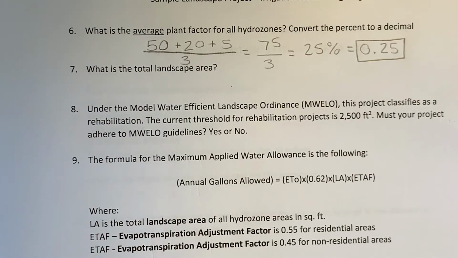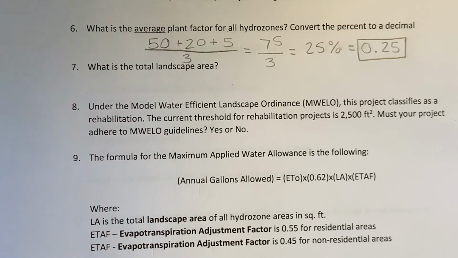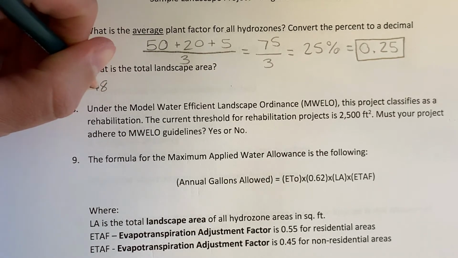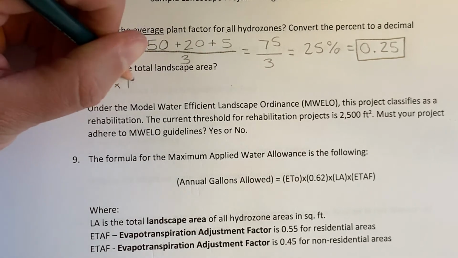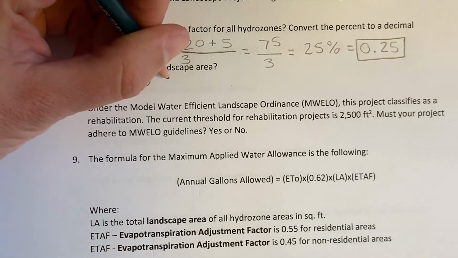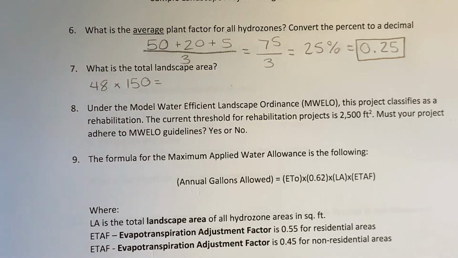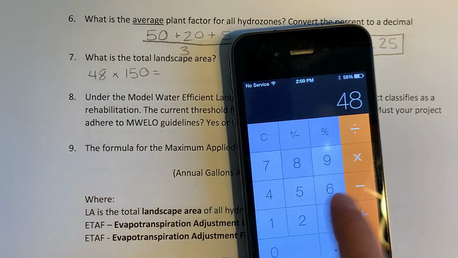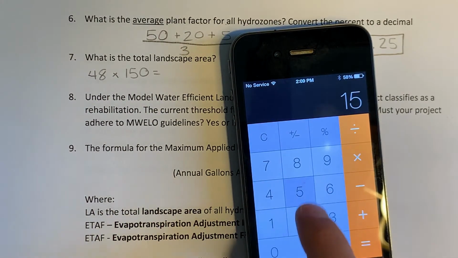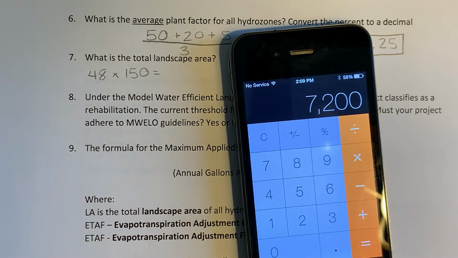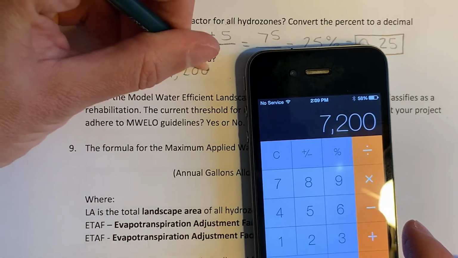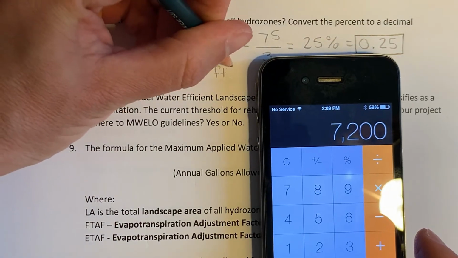What is the total landscape area? The property is 48 feet by 150 feet. That equals 7,200 square feet.